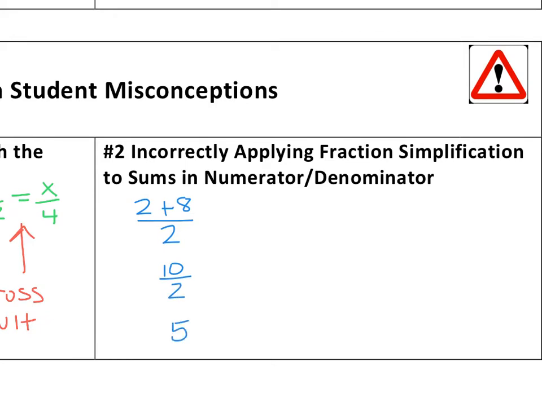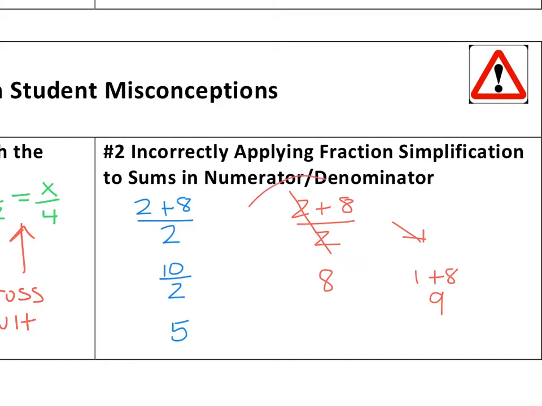The misconception I see, especially when it's algebraic, is this sort of thing. So, okay, I can cancel these 2's here. They'll reduce to 1. Actually, oftentimes, students will just incorrectly think that goes to 0 and say, okay, this is equal to 8. Another incorrect answer would be 1 plus 8 or 9.